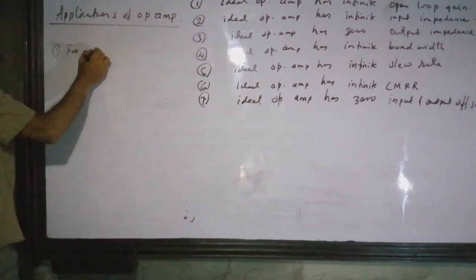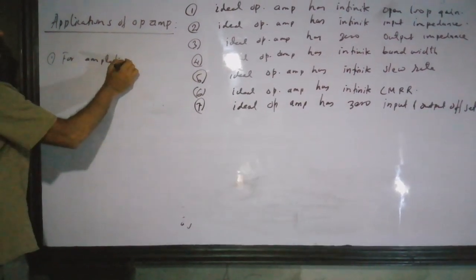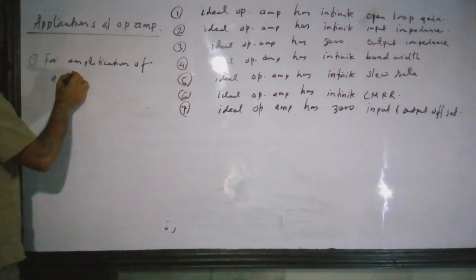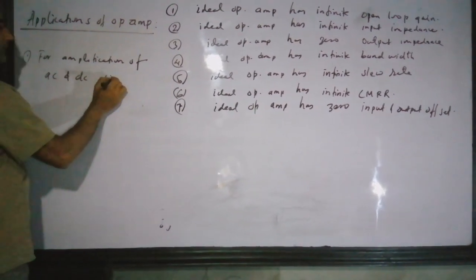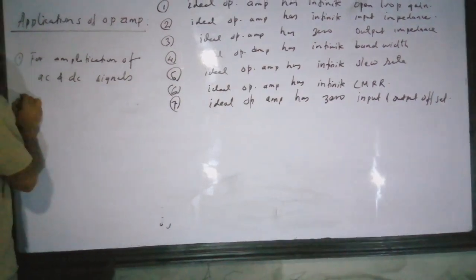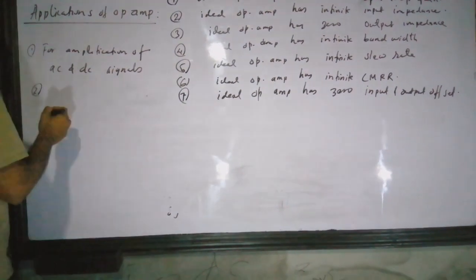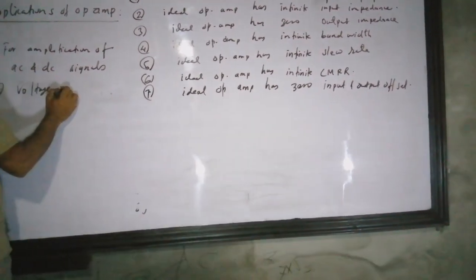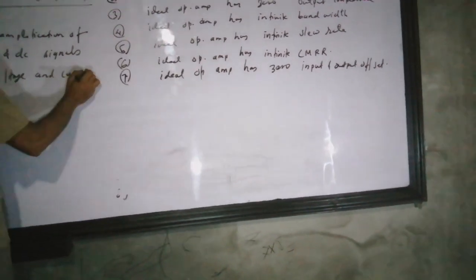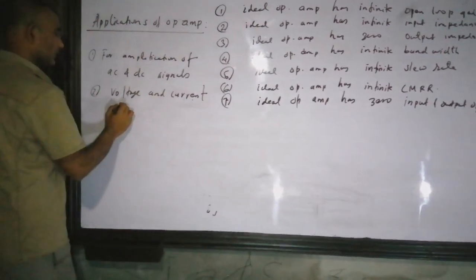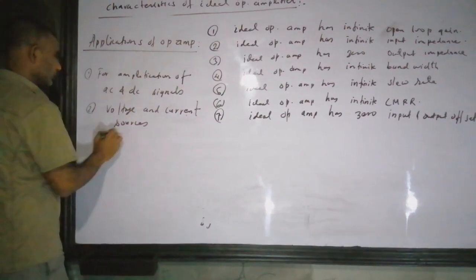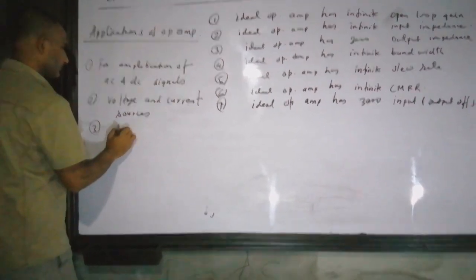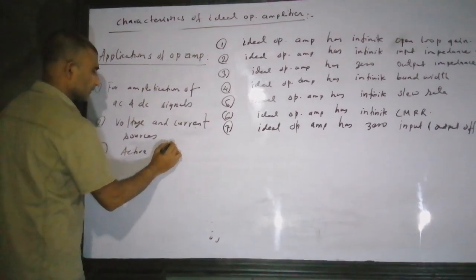For amplification of AC and DC signals. We can use the operational amplifier as voltage and current sources. We can use it as an active filter.